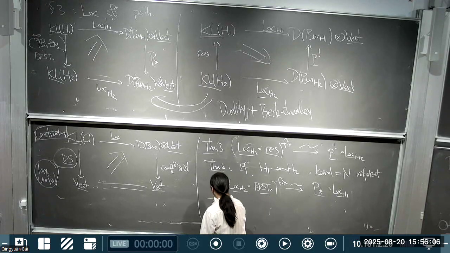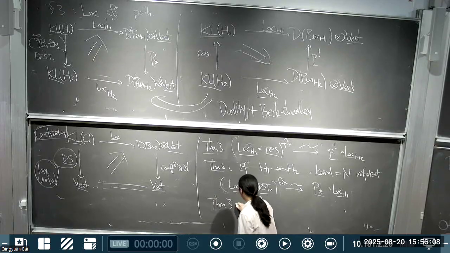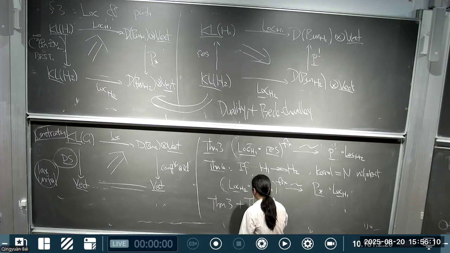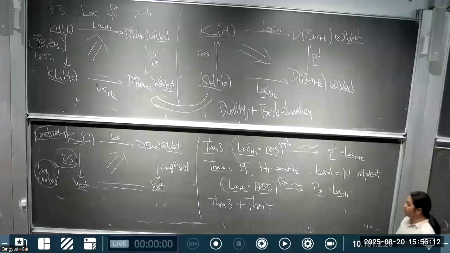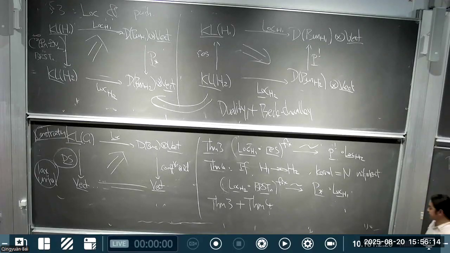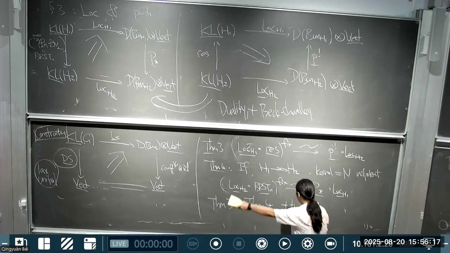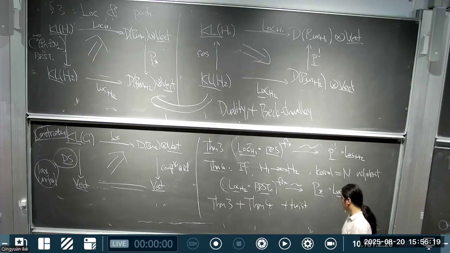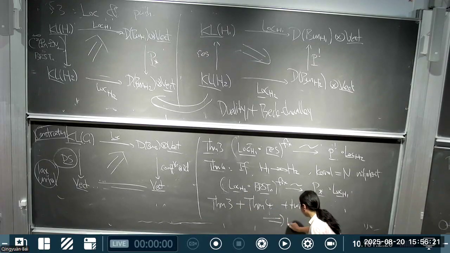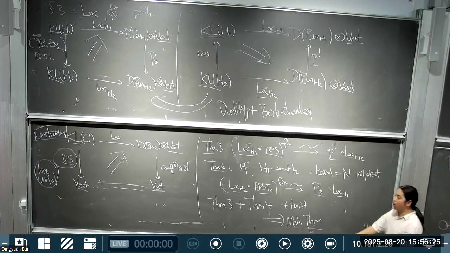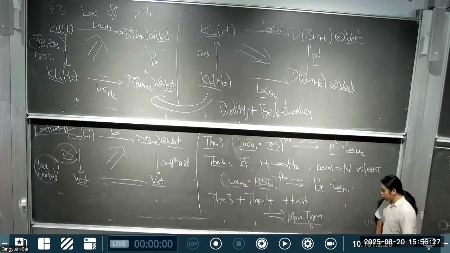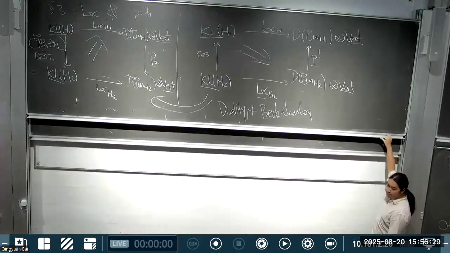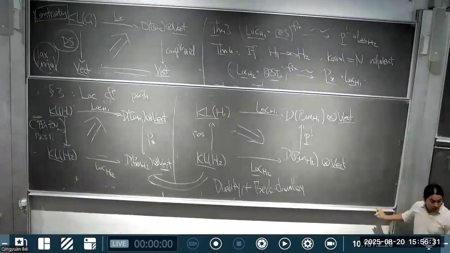Okay, so I should explain the proof of Sum 4, but let me first tell you that Sum 3 plus Sum 4 plus some twist, which has to do with this Whittaker character, would imply this main theorem. Because after all, this functor is given by a pull followed by push.